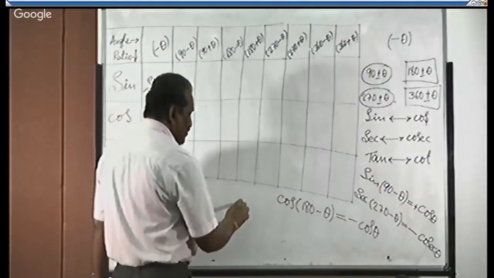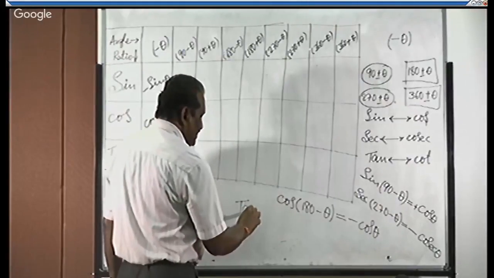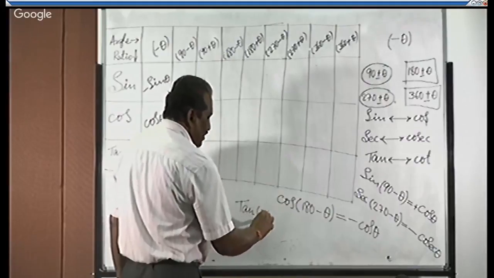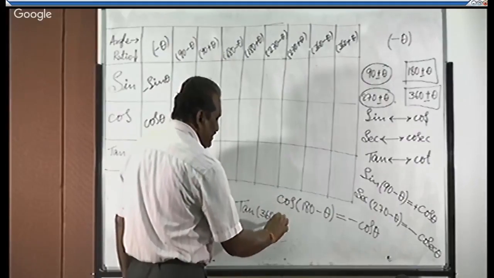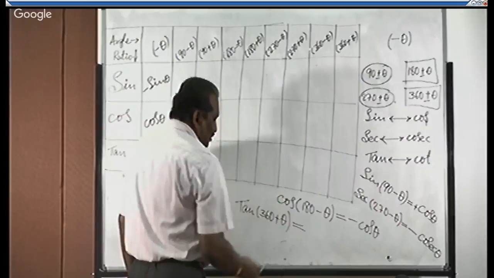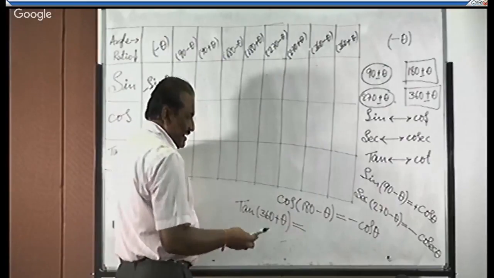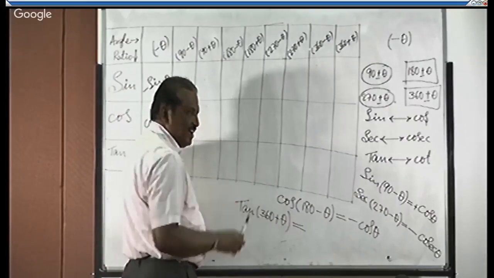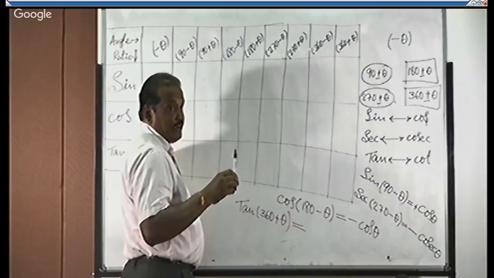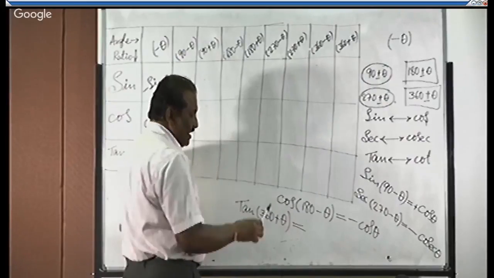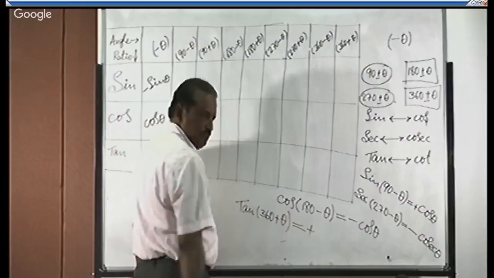Similarly, you can write tan of 360 plus theta. When we connect tan for 360 plus theta, first decide what sign it will take on the right hand side. 360 plus theta comes under the first quadrant. In the first quadrant, all are positive. Right?